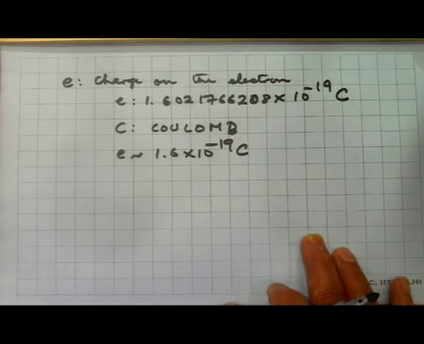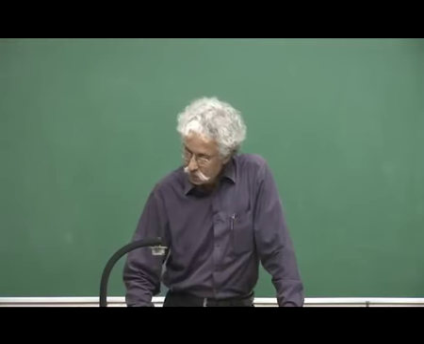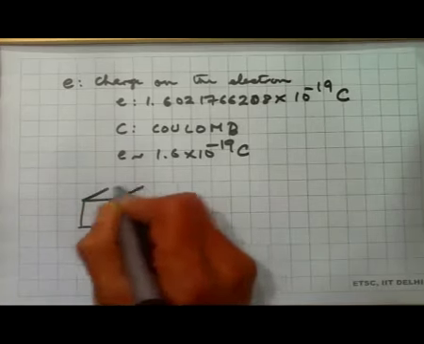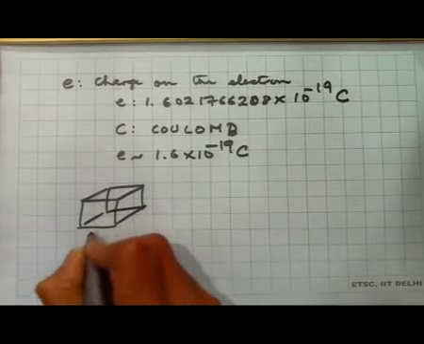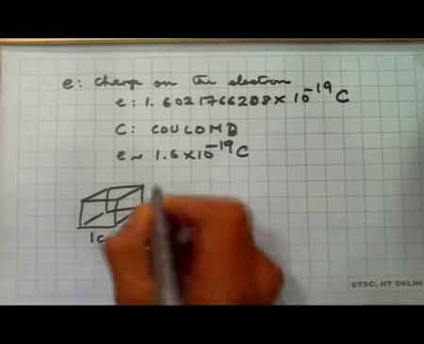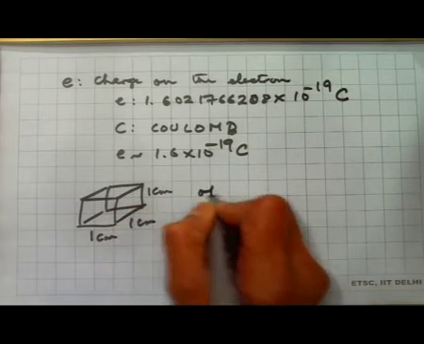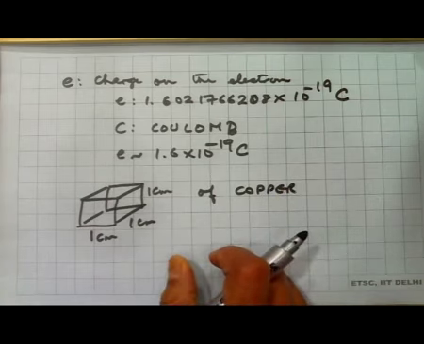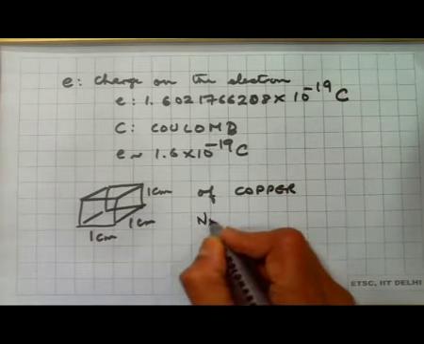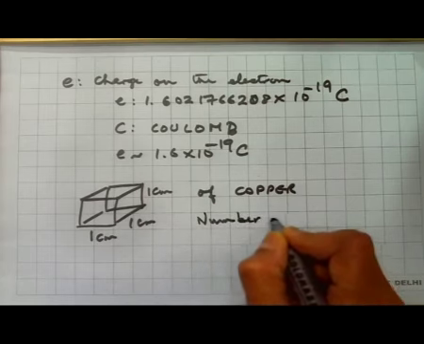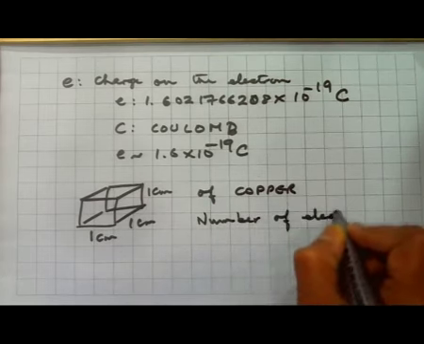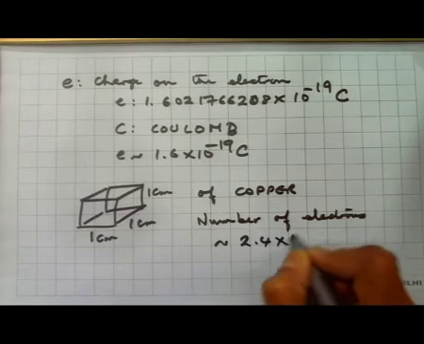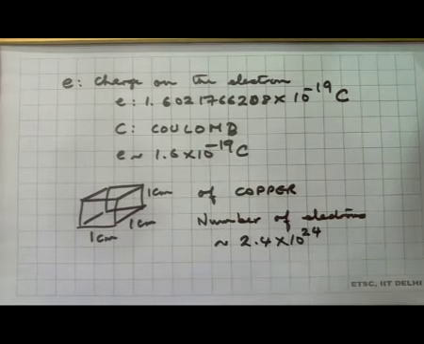Now, this charge is a very, very small number. So, just to give you a feel for this number, if you take a 1 centimeter cube of copper, the metal copper, the number of electrons and hence protons is about 2.4 into 10 to the power 24.